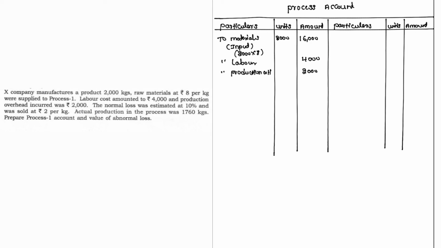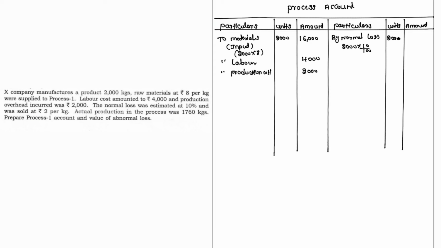Production overhead is 2000. Next, the given normal loss was estimated at 10%. So they are saying normal loss 10%. So 2000 is input and that 10%, so 10 divided by 100, you will get 200 units.